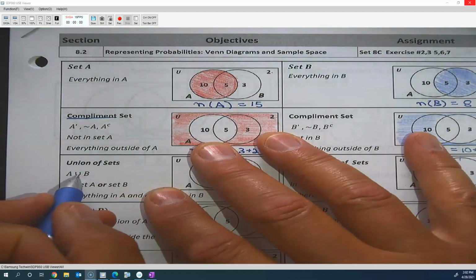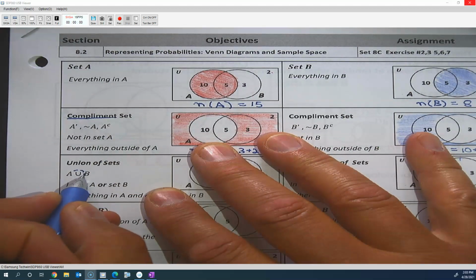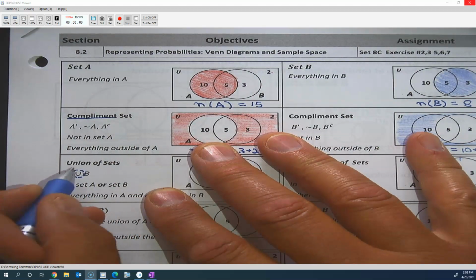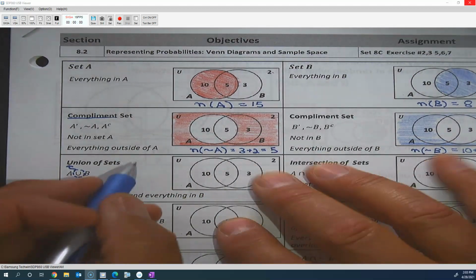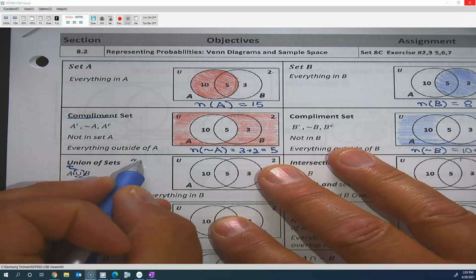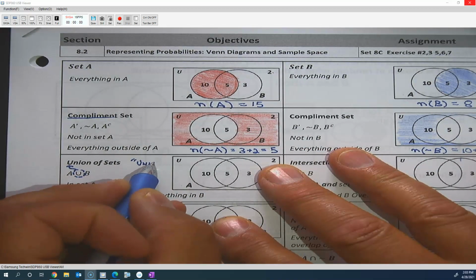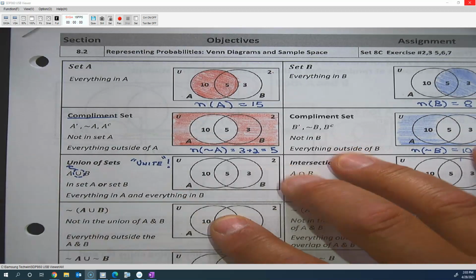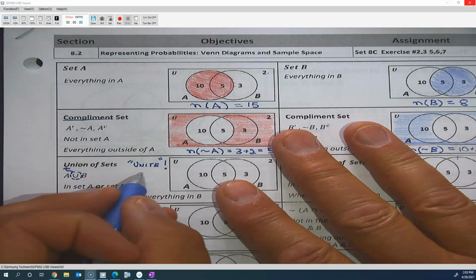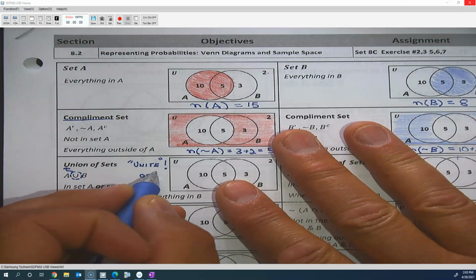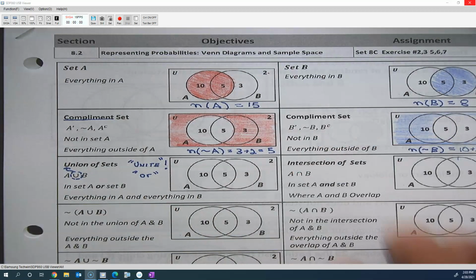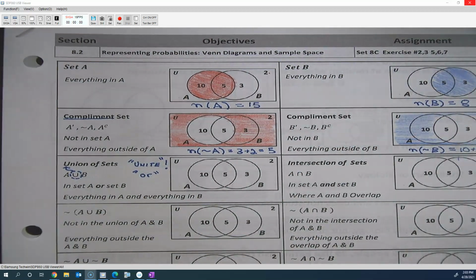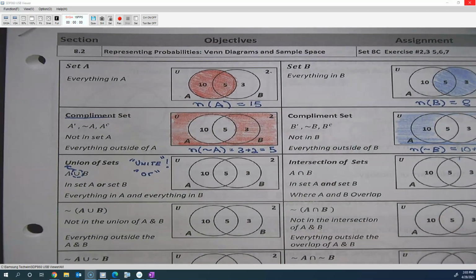When we see a U, that symbol means union, and you can think of it as uniting forces. It's associated with the word or. So it's things that are in one set or the other or both.